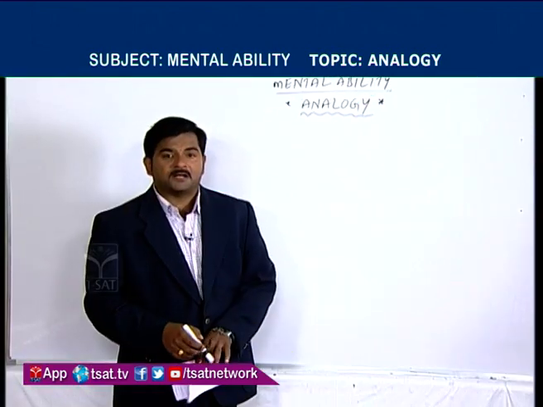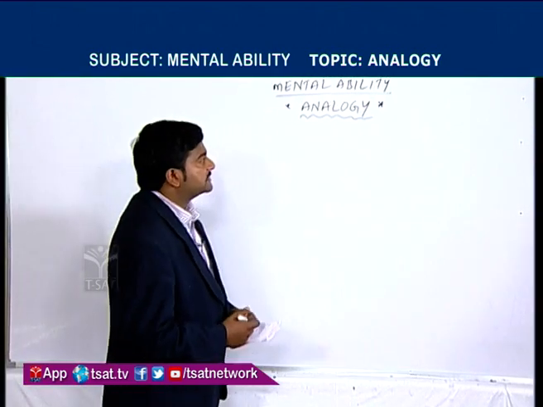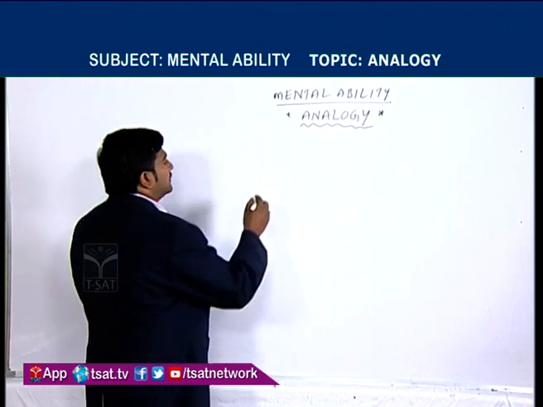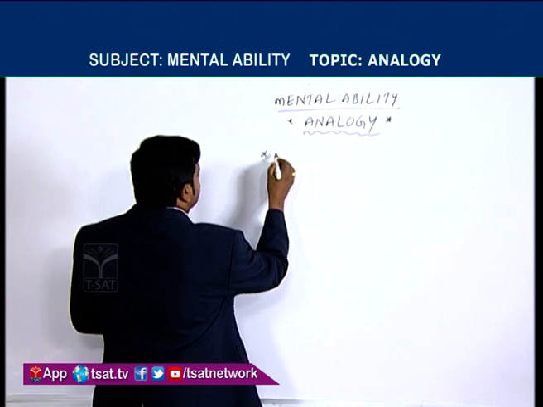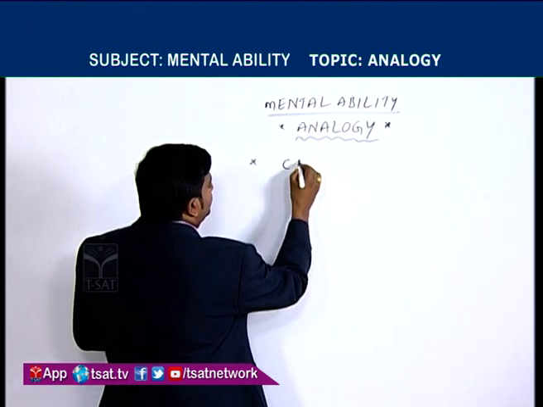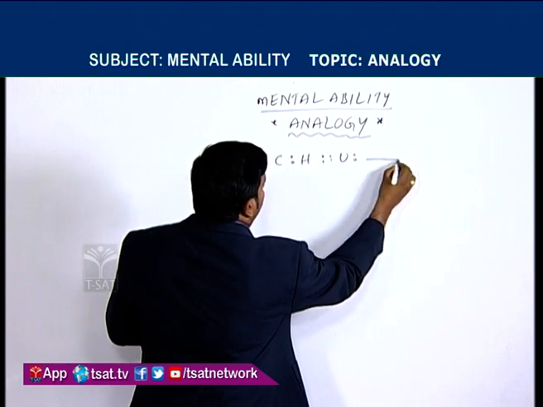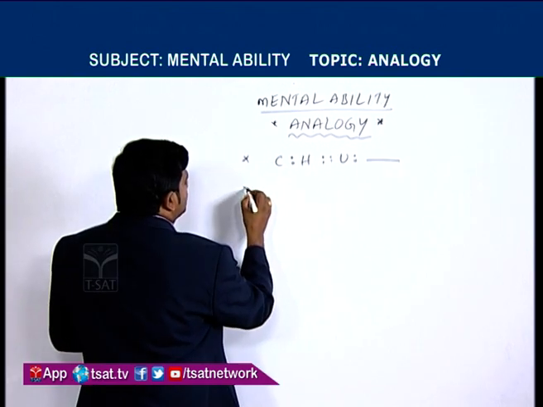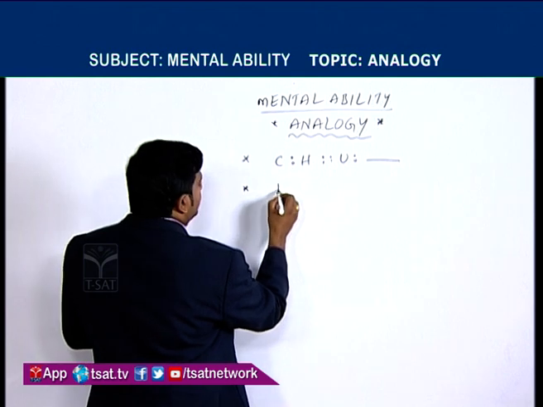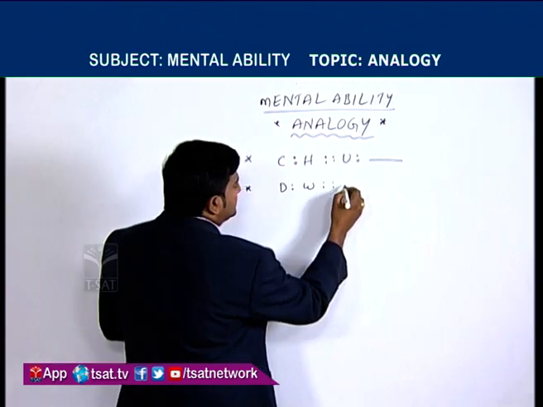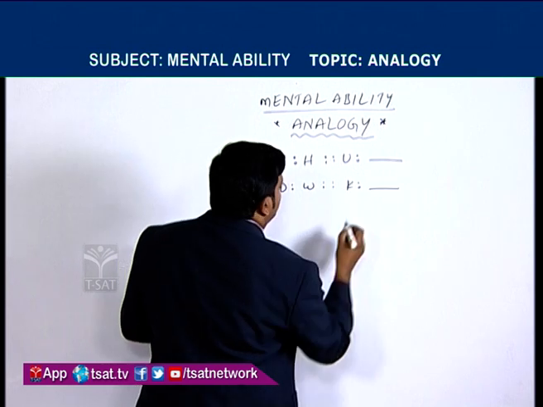We will discuss about letter analogy part. Let us start by taking some examples regarding letter analogy. So now the question is follows like this. Let's say C is to H is as U is to dash. That is one question. And the next one is D is to W is as K is to dash.